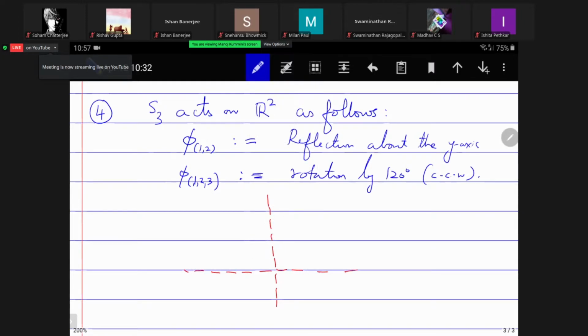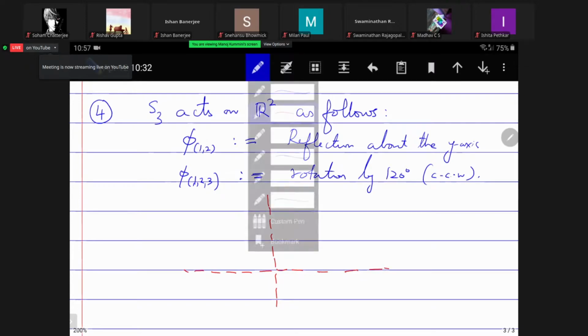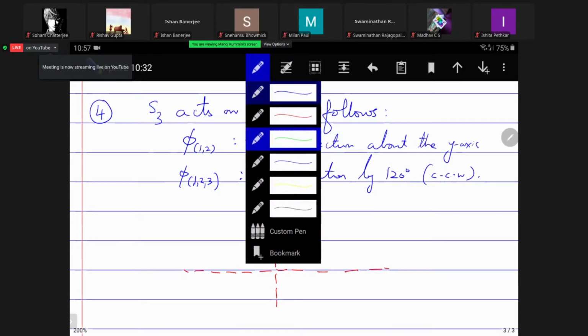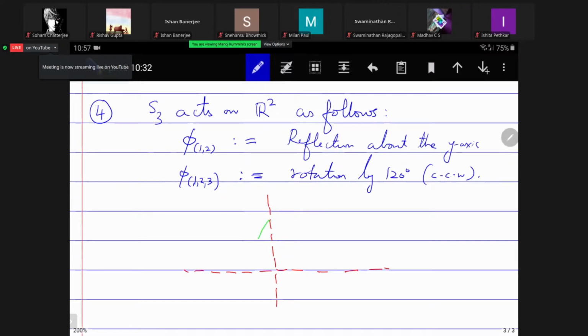Yeah. So this is the X and Y axis. And okay, I will label, so I'll draw an equilateral triangle here. So we will come back to this question, symmetries of regular polygons. So the group of symmetries of regular polygons. You can think of this as an equilateral triangle.